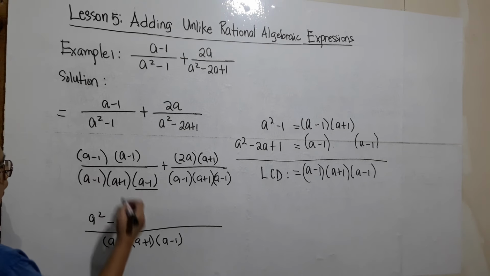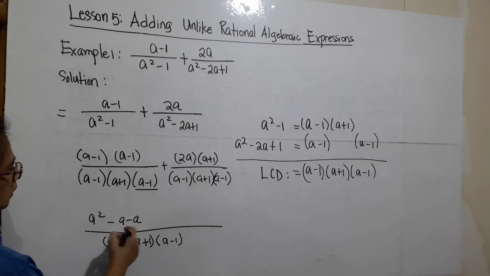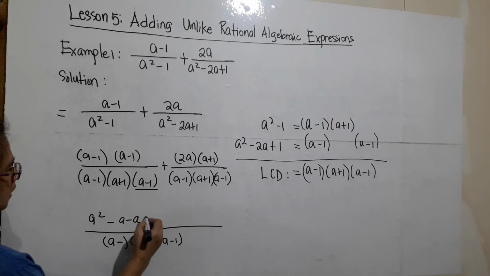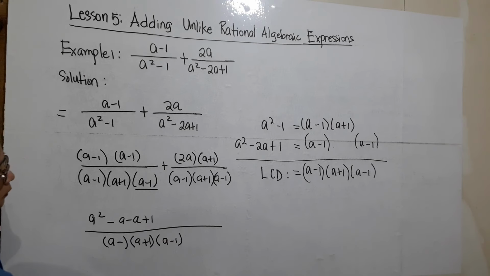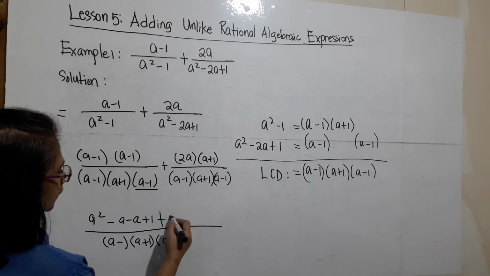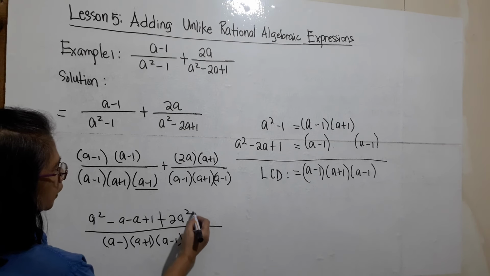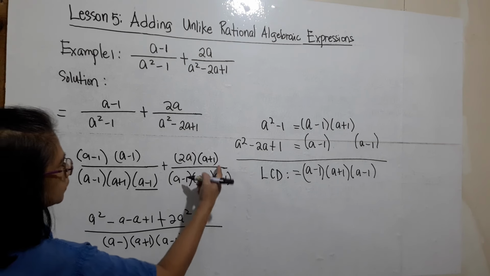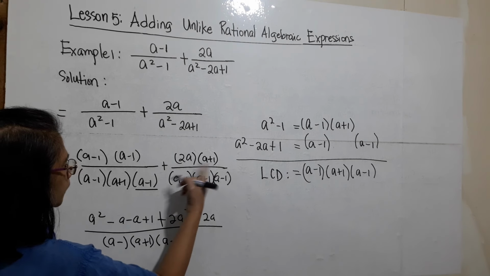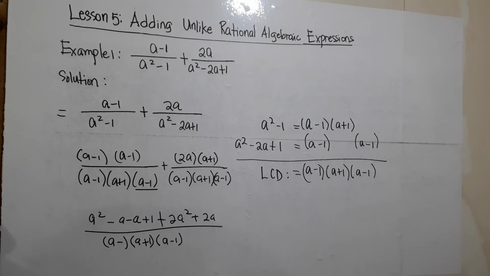Negative 1 times a is negative a. Negative 1 times negative 1 is positive 1. Plus 2a times a is 2a squared. 2a times 1 is 2a. So we follow the distributive property of multiplication here.